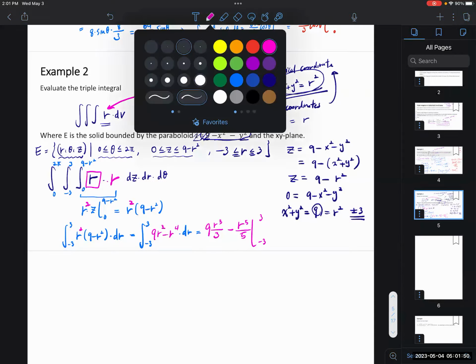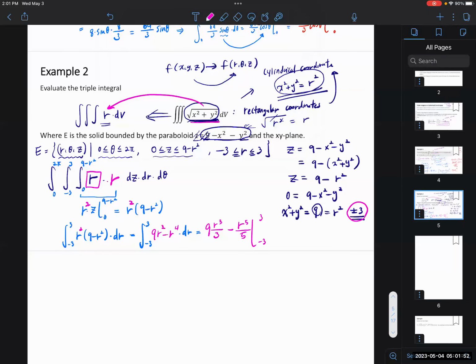So as I mentioned, the radius is going to be only a positive number. You have x squared plus y squared equal to 9. Radius is 3, not -3. No matter which direction you go, it's +3. It cannot be a negative number. So that's why I made a big mistake here.